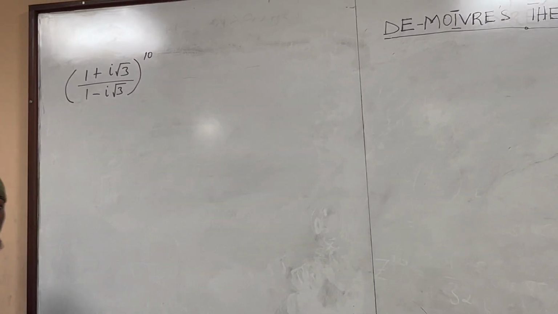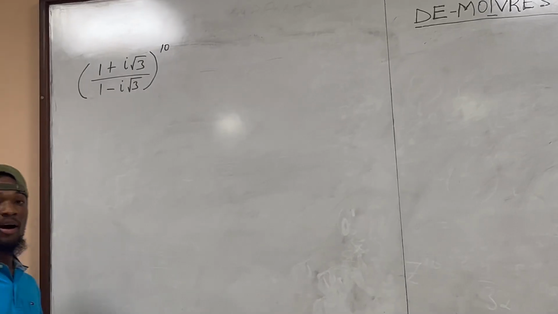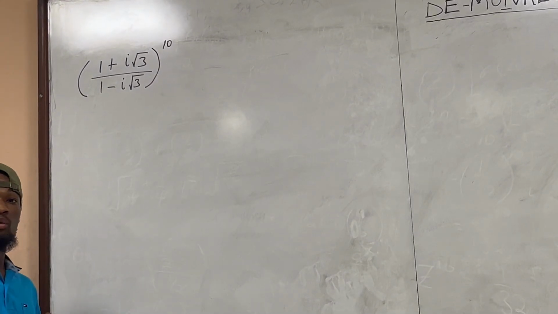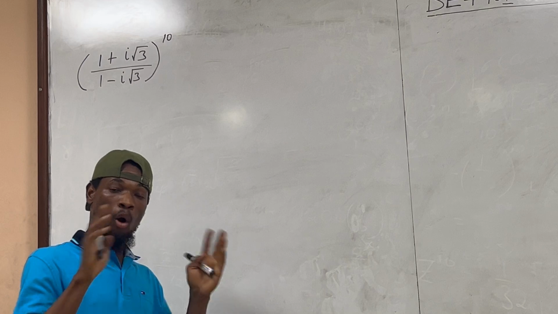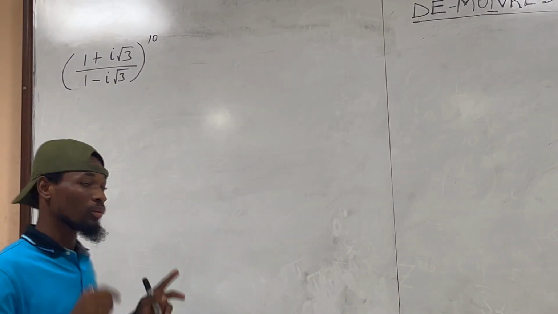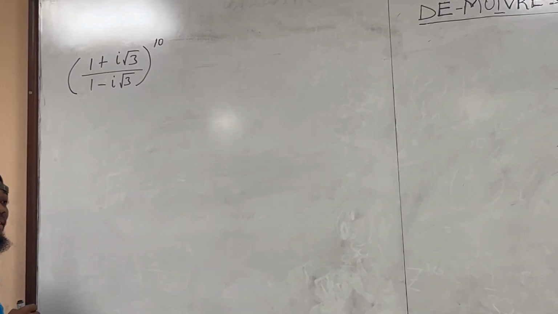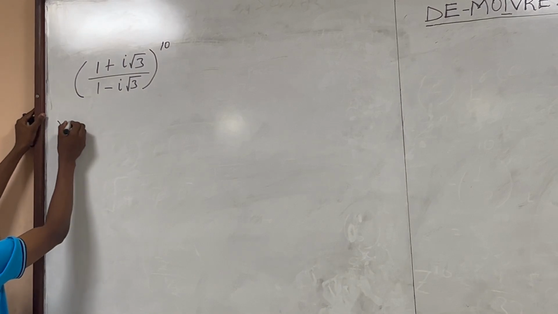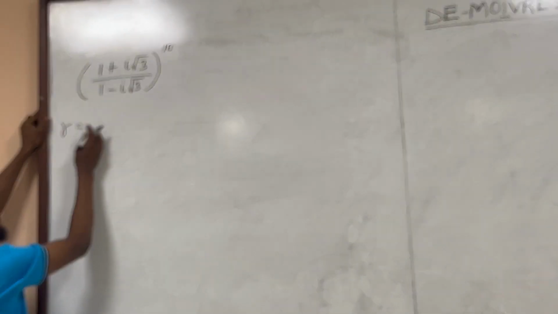(1 + i√3) over (1 − i√3), all raised to an exponent of 10. We are going to employ Moivre's theorem over here. So let's look for modulus r, which is okay.